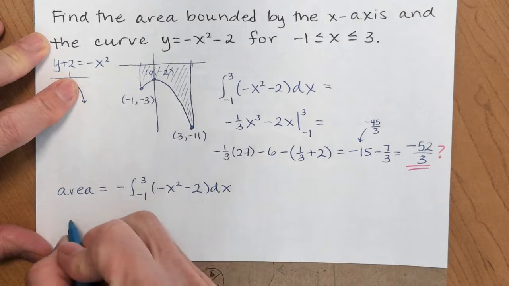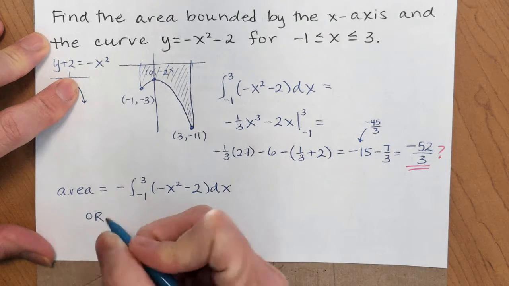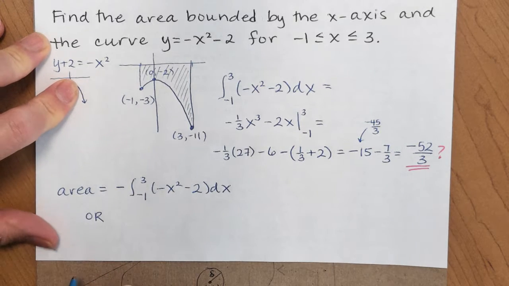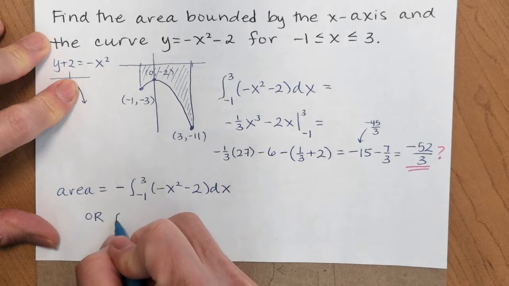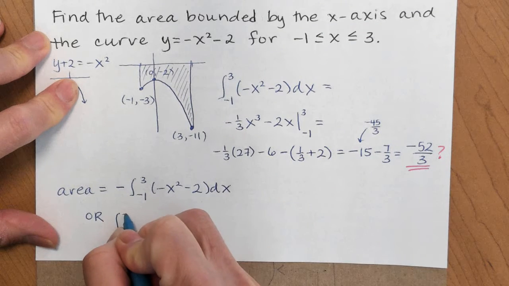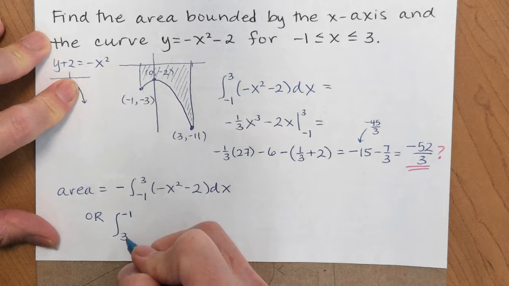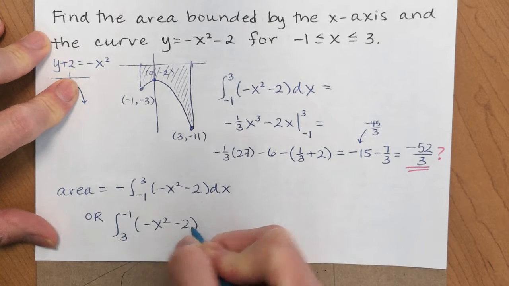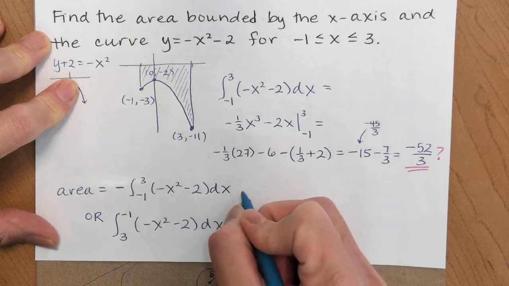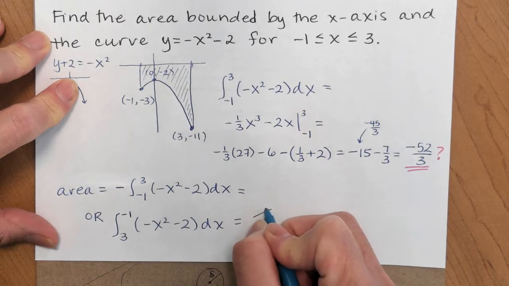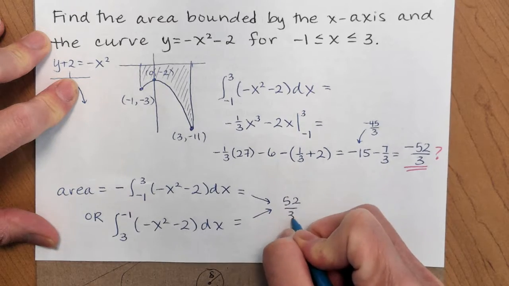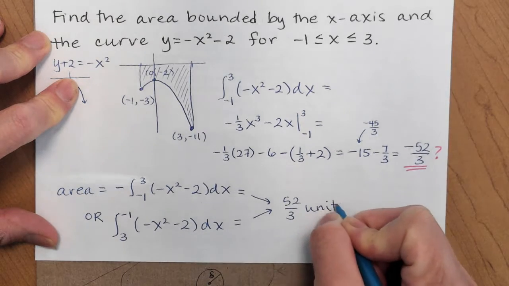Another option is you can also switch the limits of integration, and that will also give you the negative of the original integral that we did. So I could also do the integral from 3 to -1. Both of these will give me the correct answer, which is 52/3 units squared.